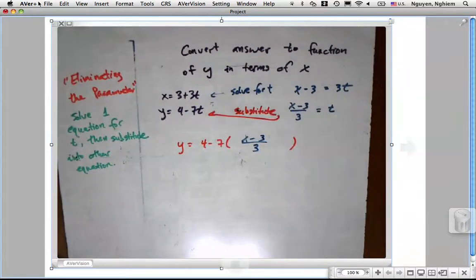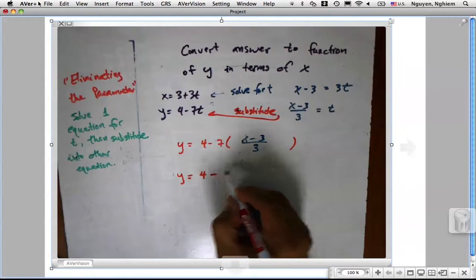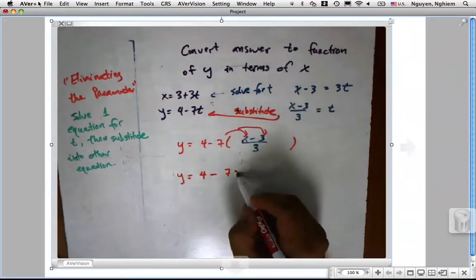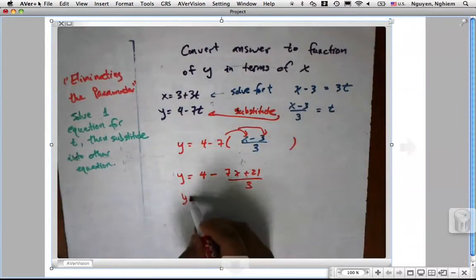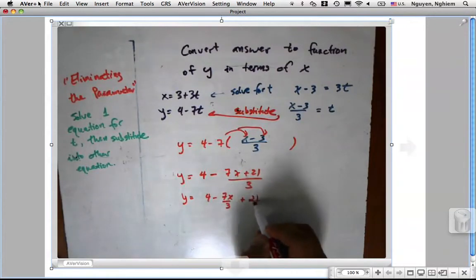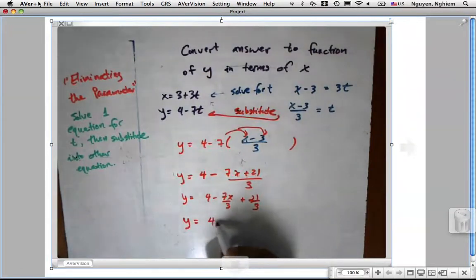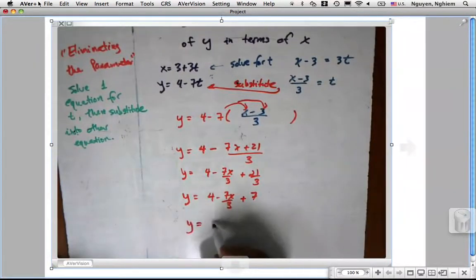And now I'm just going to work out the rest of this problem. y equals 4 minus, distribute this, (7x plus 21) over 3. And then we can separate this: 4 minus 7x over 3 plus 21 over 3, which is equal to 4 minus 7x over 3 plus 7, because that's 21 over 3. And finally, y equals negative 7/3 x plus 11.